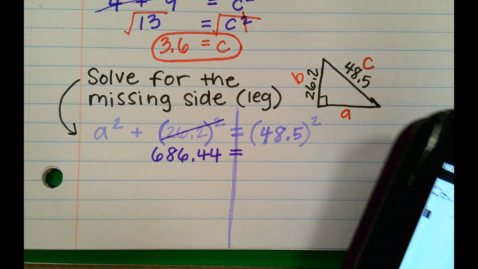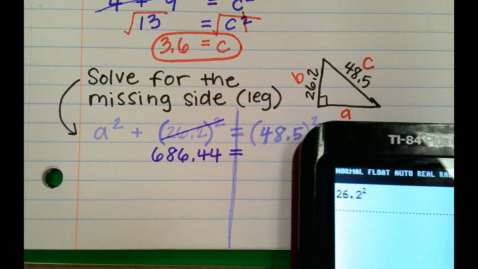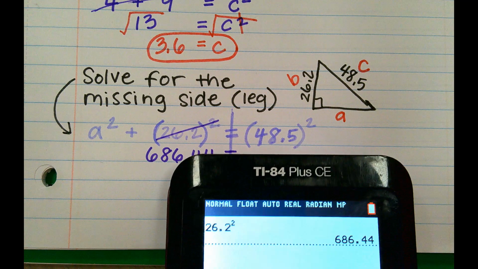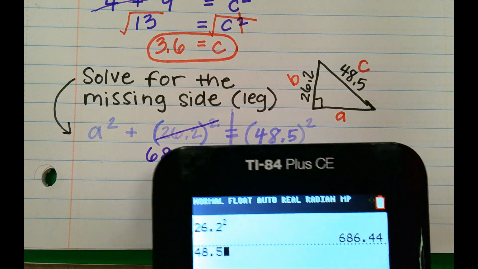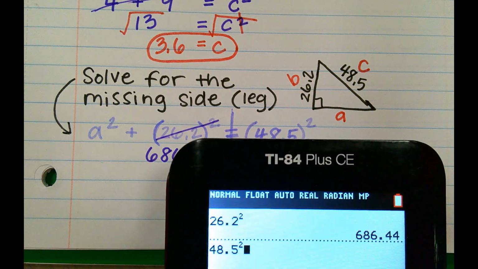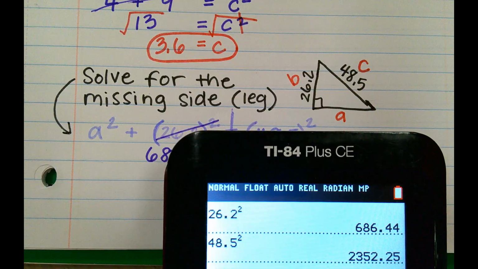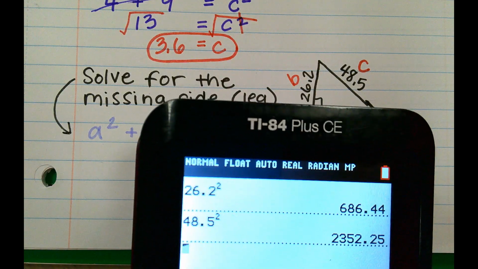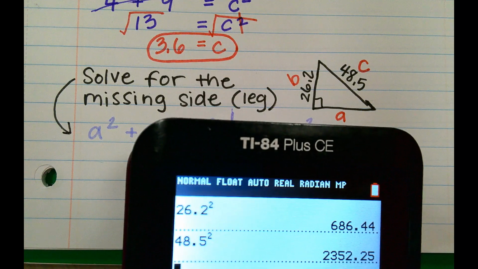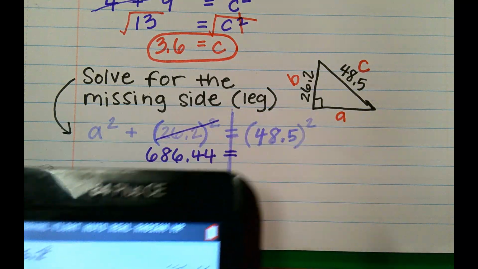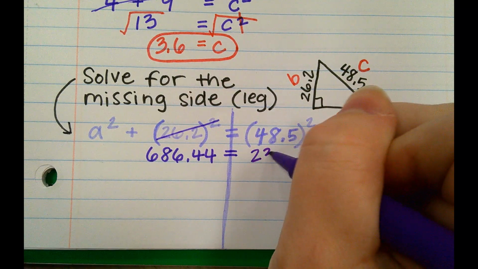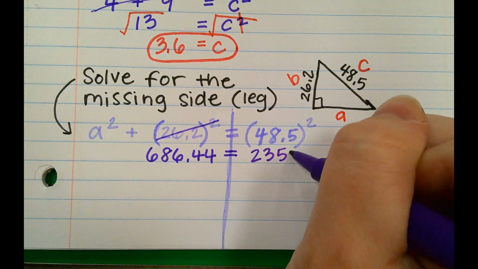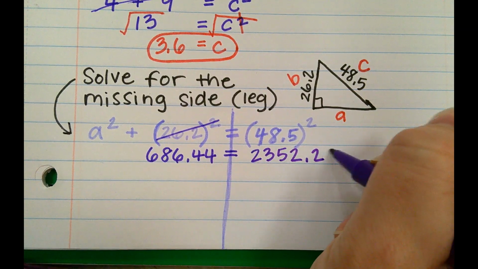The 48.5. Yes, 48.5 squared. So 48.5 squared, you'll get 2352.25. Okay, so 2352.25.